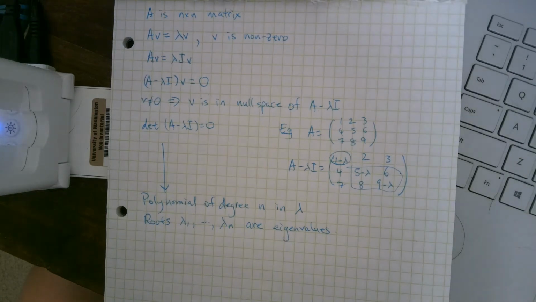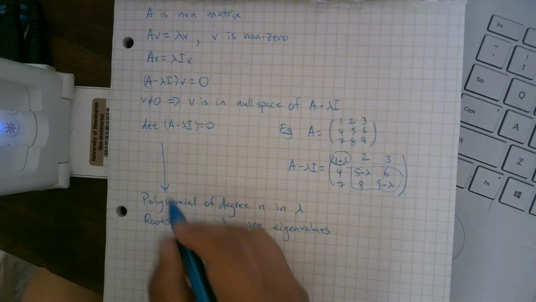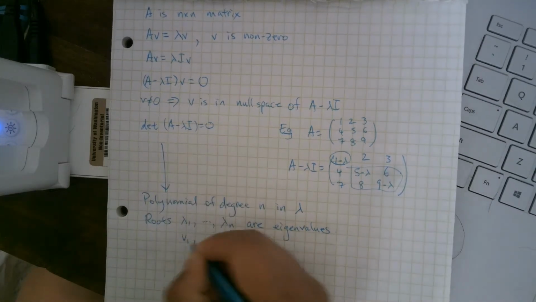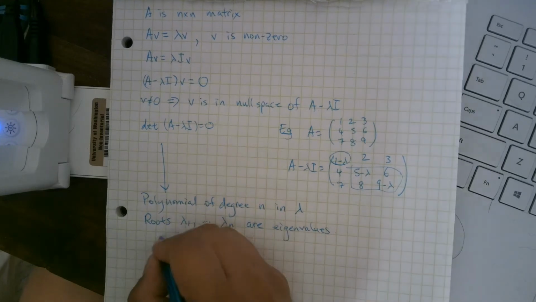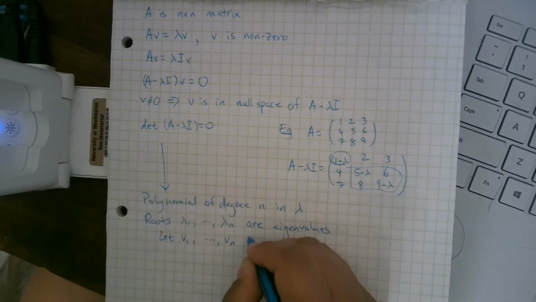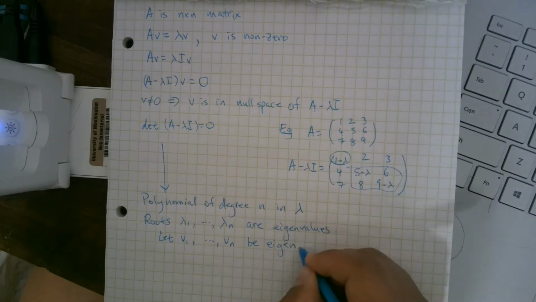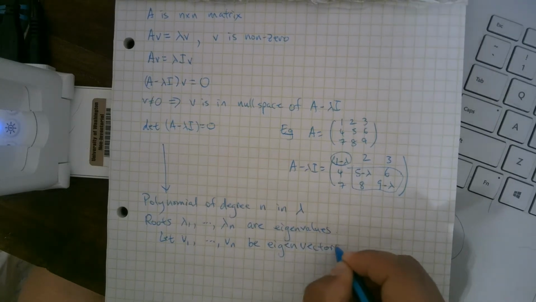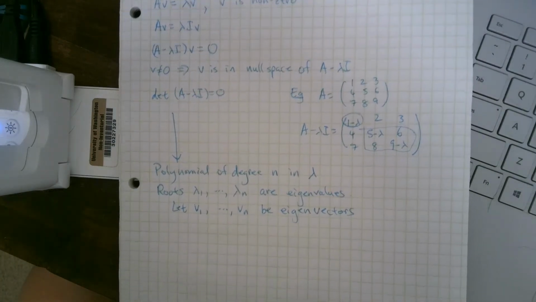Okay. And then we can find those corresponding vectors, v1 through vn. So let v1 through vn be the eigenvectors. We can find those as just vectors in the null space of that matrix.